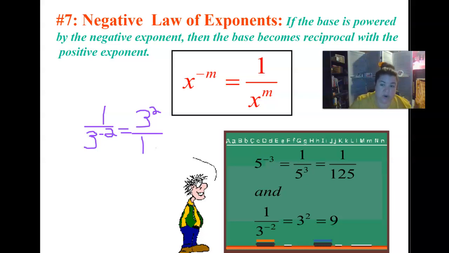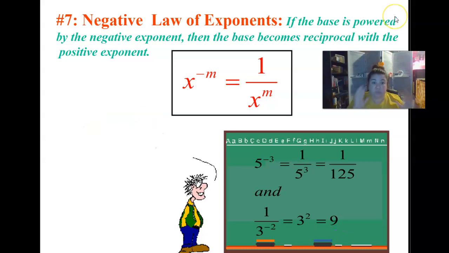But you don't need to write over 1 because you can think of every number as being over 1. Okay? It's just that number, whatever it is. But sometimes it helps when you write it out like that to get it straight in your head to the reciprocal. Okay, so this is really 3 to the second power over 1 because reciprocal means flip it. You want to flip, flip, flip it.